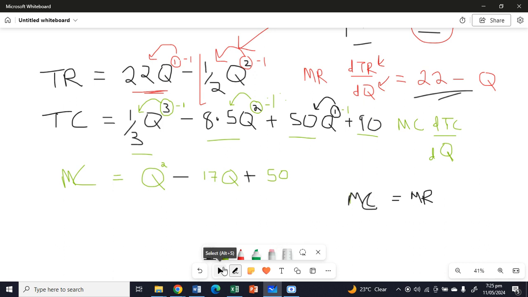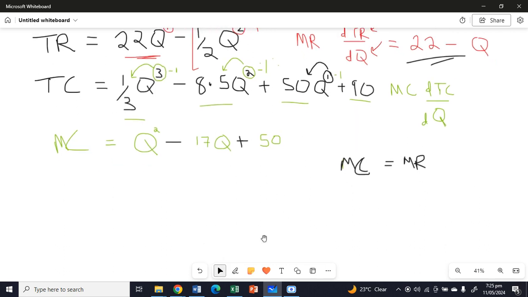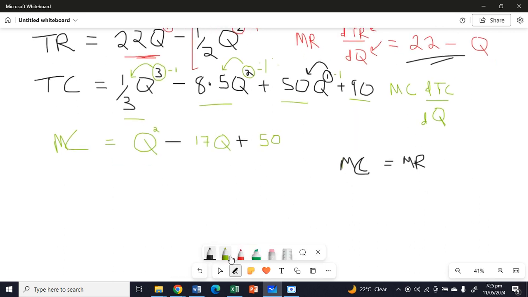So now we are going back to algebra. So marginal cost here we have q squared minus 17q plus 50 equals our marginal revenue, 22 minus q.